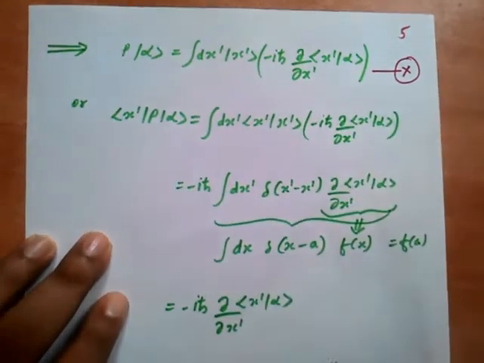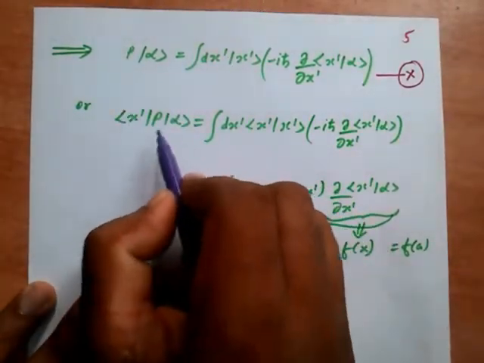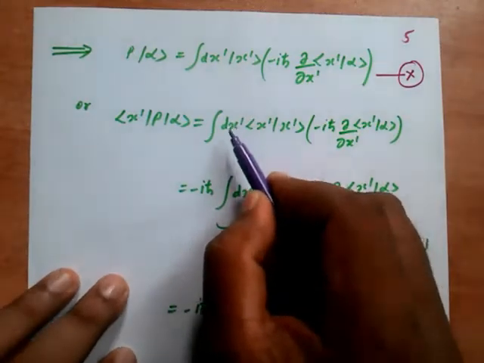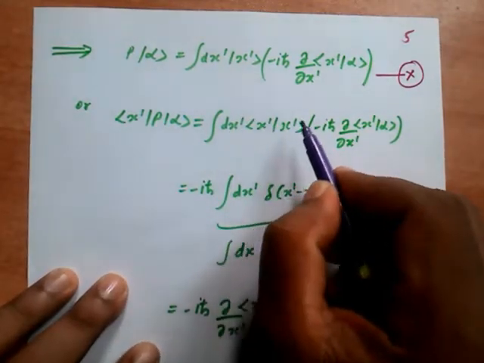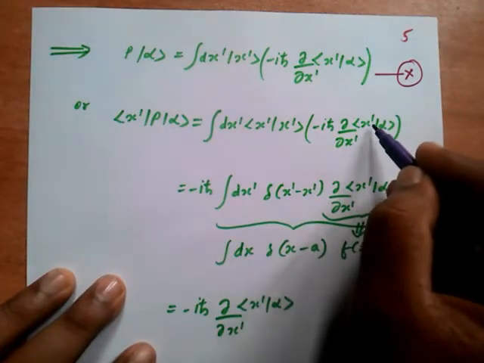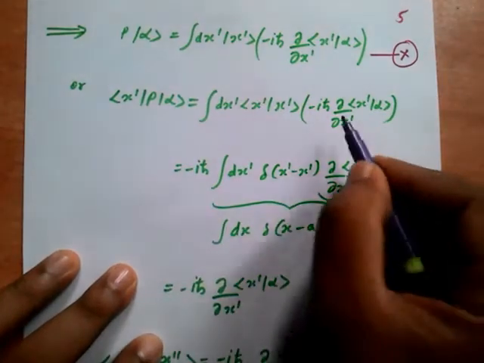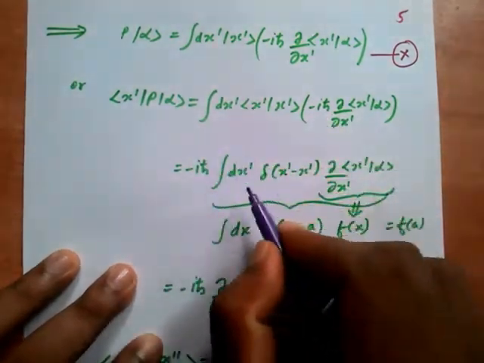Okay, or if you are finding x dash p alpha, that is equal to integral dx dash x dash inner product of x dash into minus i h cross dou by dou x dash of x dash alpha, that is equal to minus i h cross, we can take outside, integral dx dash.